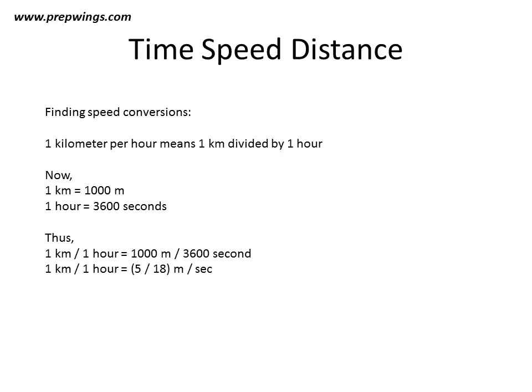This can be written as 5 by 18 meter per second, because 1000 upon 3600 is 5 upon 18. So 1 kilometer per hour equal to 5 by 18 meter per second. Similarly, we will get 1 meter per second equal to 18 by 5 kilometer per hour. So this is how you convert the speeds.